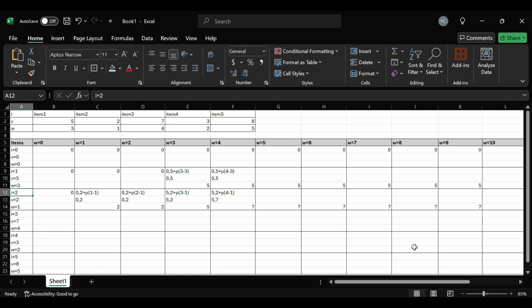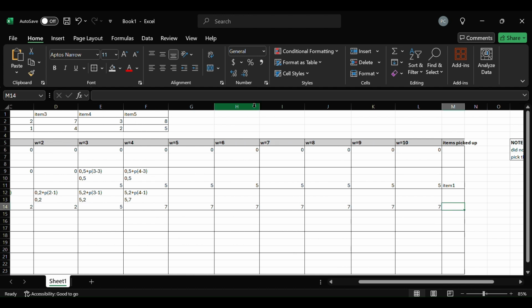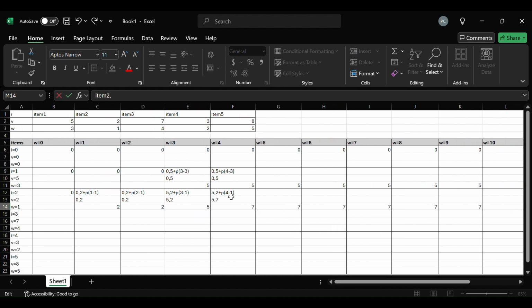And we picked up item 1 as well, because if you notice here we had 2 plus 5, and that 5 is our item here, P of 4 minus 1, this one.